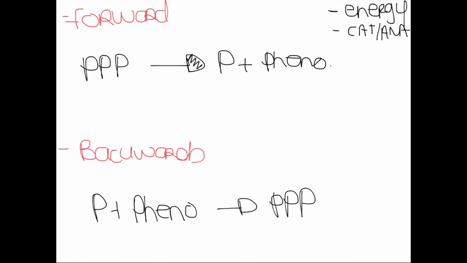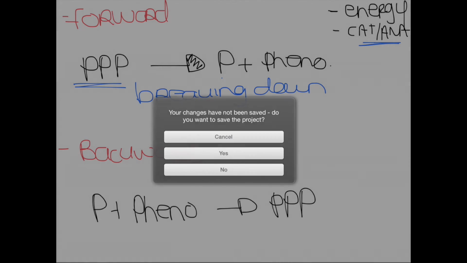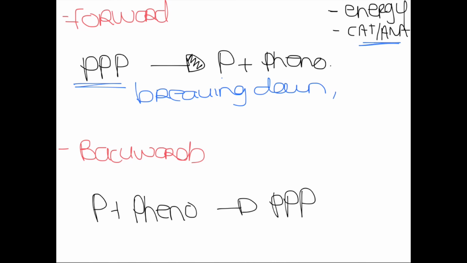So in this case, we'll have a look at anabolic and catabolic to start with. We're going from PPP and then we're breaking it down. This is breaking down, so it must be releasing energy.